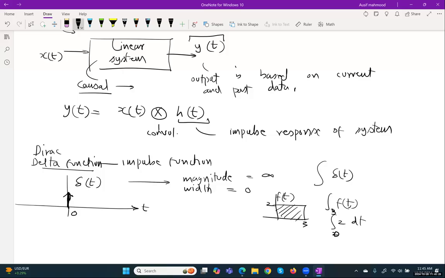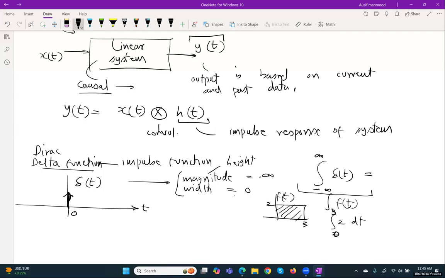So now, what is the area under the delta function? If I do the integral of delta of t from negative infinity to infinity, what will this be? What's the height of it? Magnitude is the height: infinity.